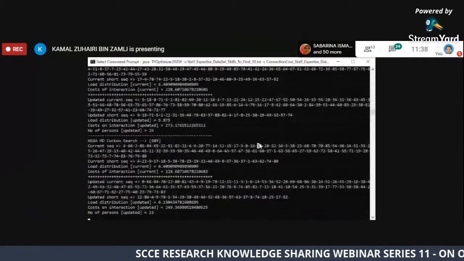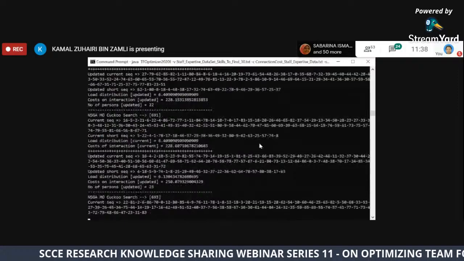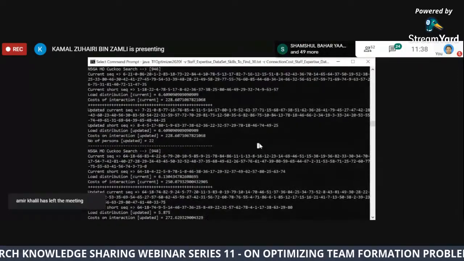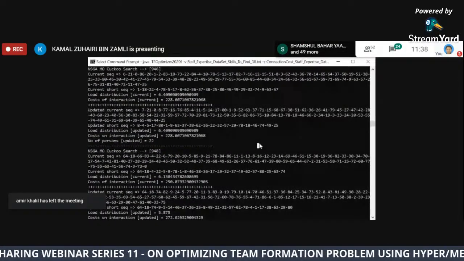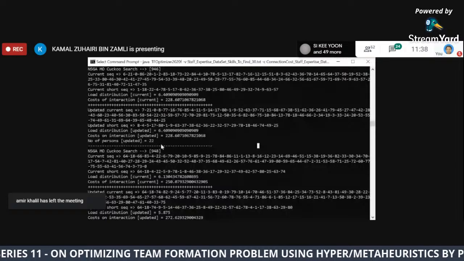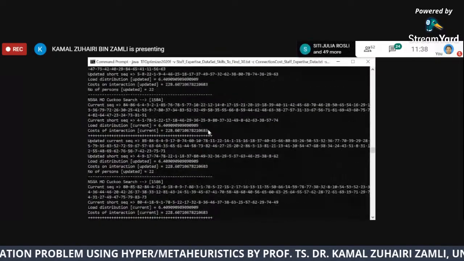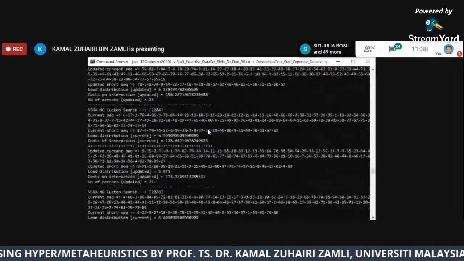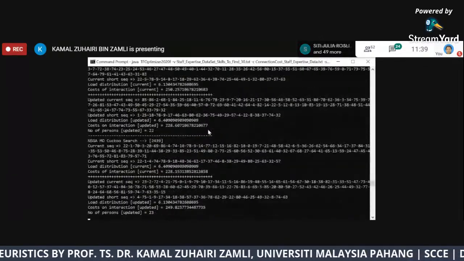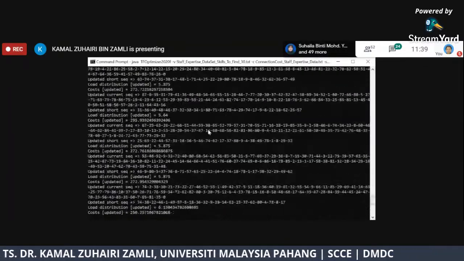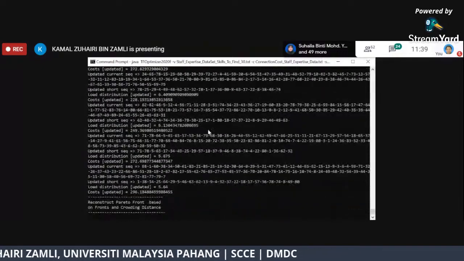If you see the sequence, in the course, can you see that? These are the sequence and update sequence distribute. This is the multi-objective one because I improved the algorithm already. So now it's trying from the staff faculty with 30 skills. This one is searching for the best of the best. Can you see it running?